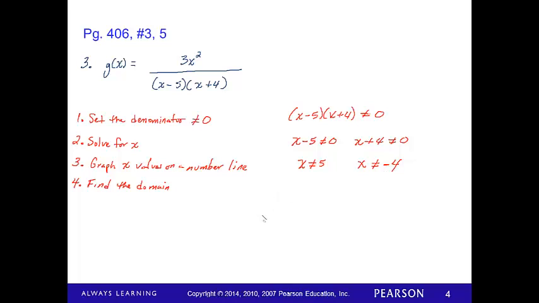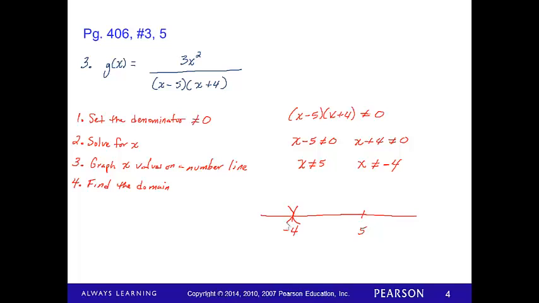Now let's move on to step 3, which says draw a number line and place these x values on it. So here is negative 4, and here is 5. And since we cannot equal 5 and negative 4, we're going to open a parenthesis to the left and open a parenthesis to the right. Parentheses mean do not include.